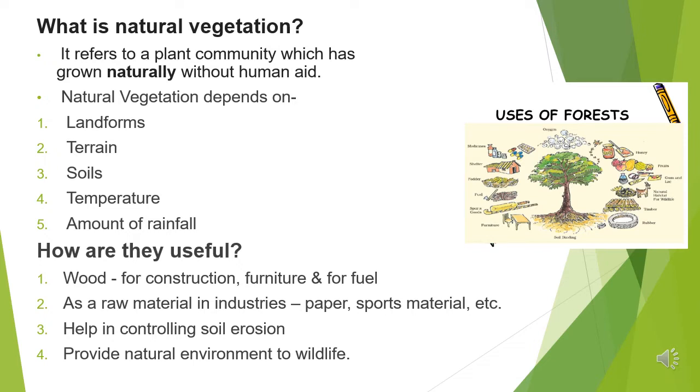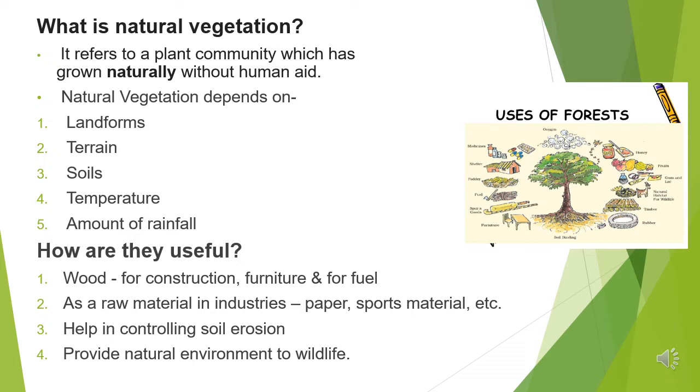They are useful. We get wood from trees, so that is used for construction, for making furniture, and for fuel. Then it is also used as a raw material in the industries for making paper or sports material, etc. How are we going to make paper from the tree? From its pulp. Now, forests help in controlling soil erosion.